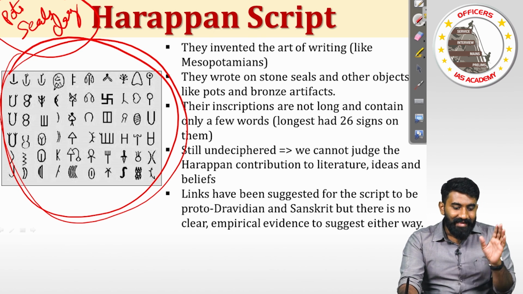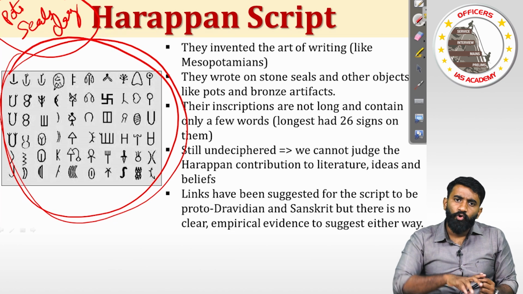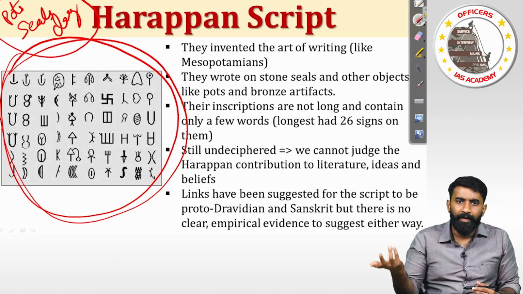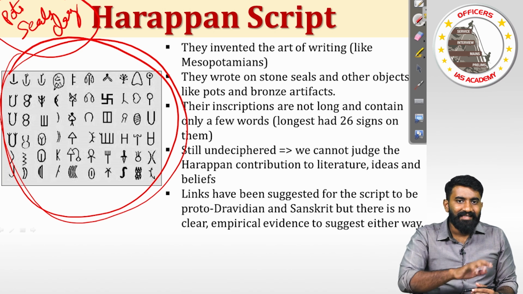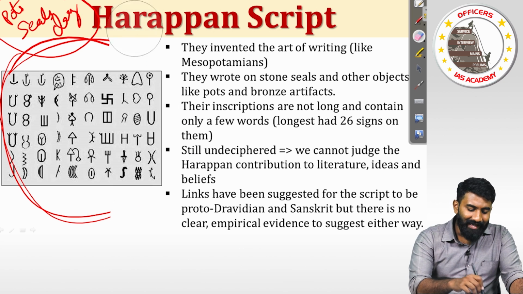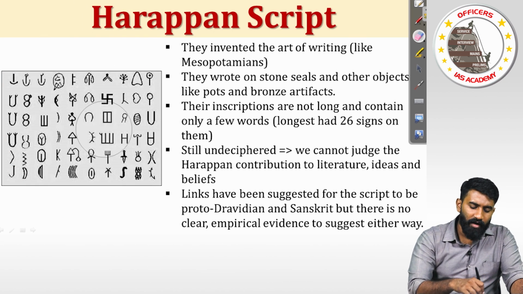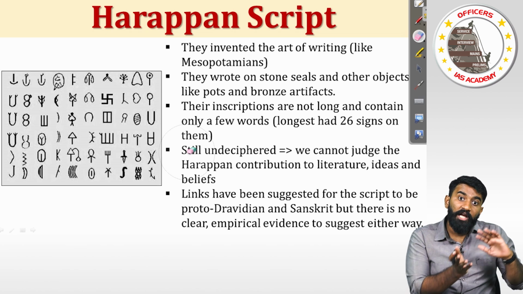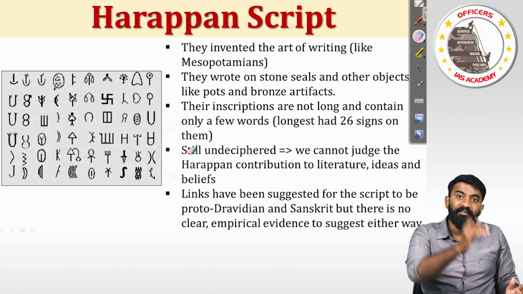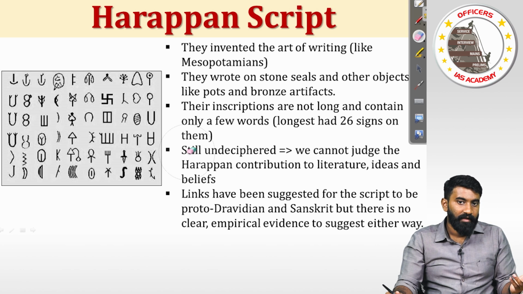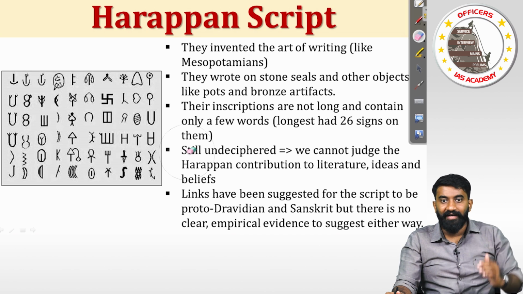Now we find evidence of the script in many different artifacts, in pots, seals, etc. And the Harappan writings are not very lengthy. It is not like an essay that they have written. In the Mesopotamian script, they wrote lengthy paragraphs. With the Egyptians, there is also a lot of writing.